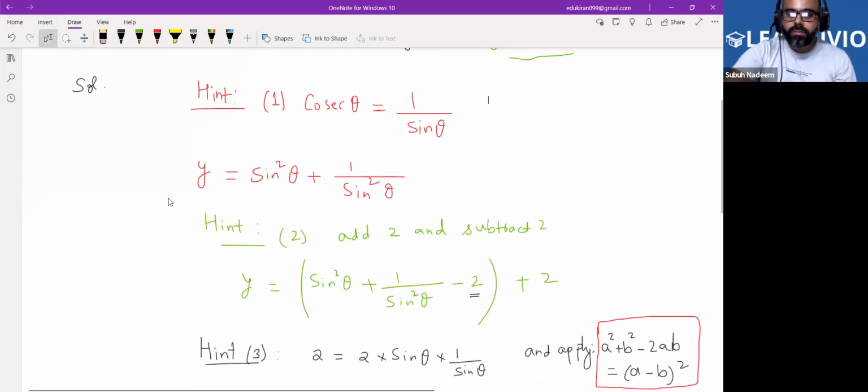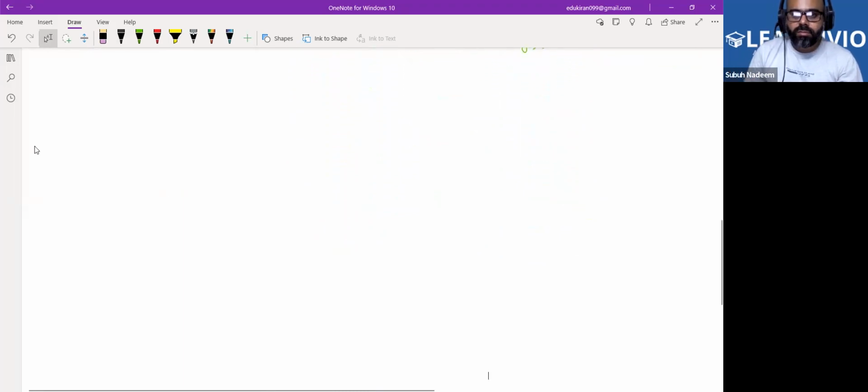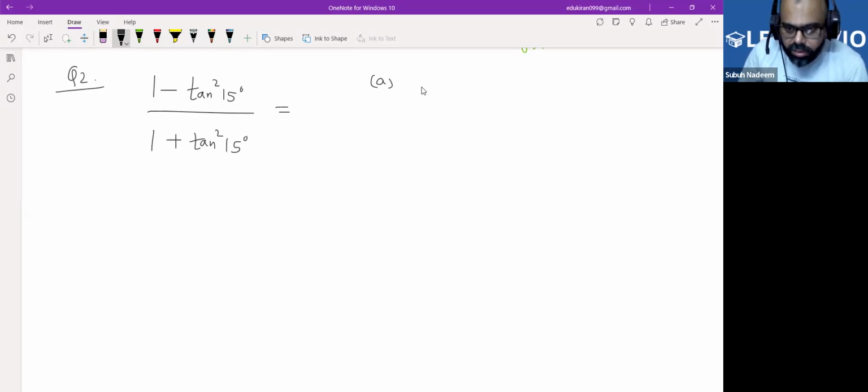So, 1 minus tan square 15 degree by 1 plus tan square 15 degree is equal to, options are A 1, B square root of 3, C square root of 3 upon 2, D 2.